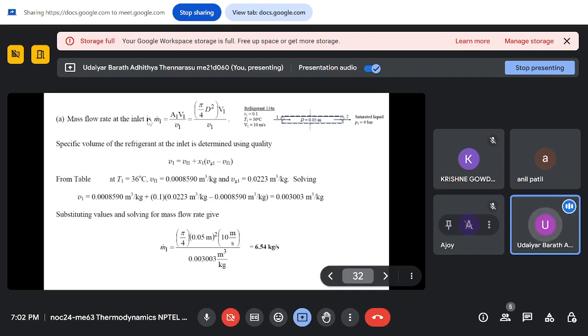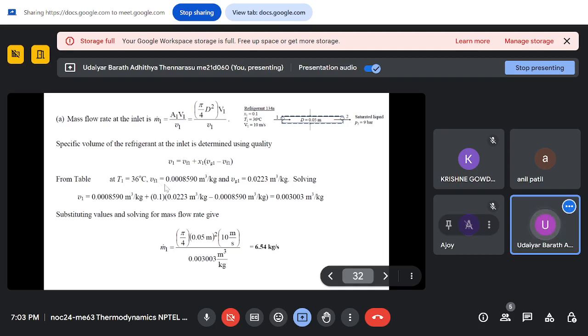So your mass flow rate is nothing but rho A V. Rho is written as 1 by specific volume, so into area into velocity at state 1. So you know the diameter, you know the velocity, and you can find out specific volume at state 1. The specific volume at state 1 is, at 36 degrees Celsius, corresponding saturated liquid and saturated vapor specific volumes, which we take from the refrigerant chart for R134A.